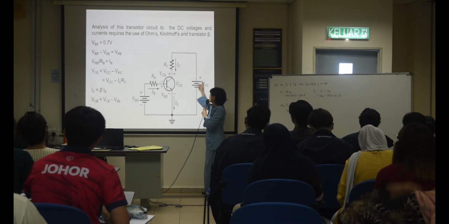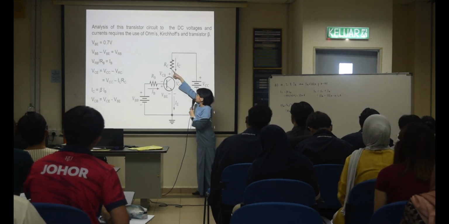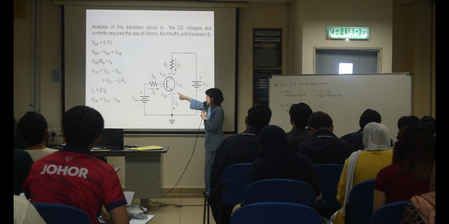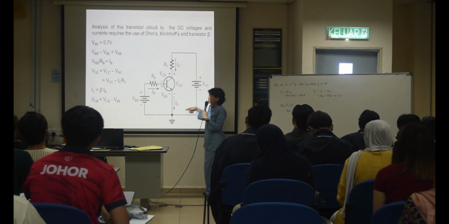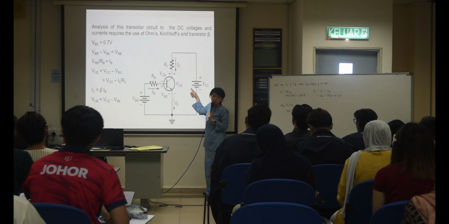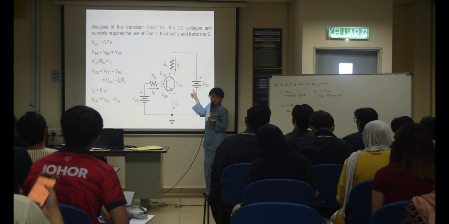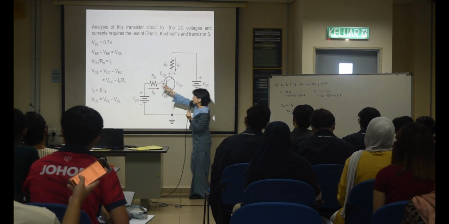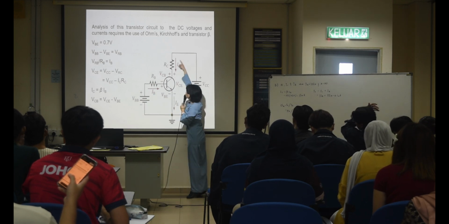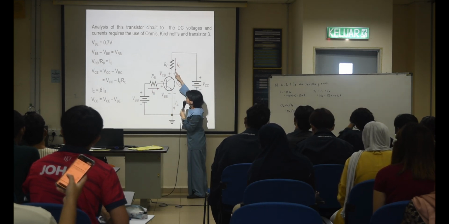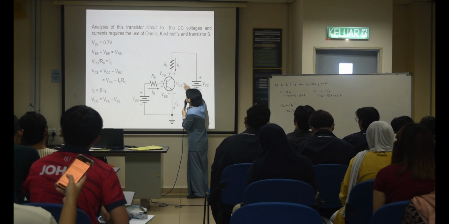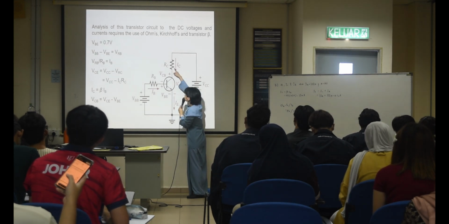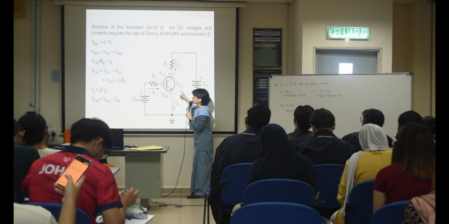Kirchhoff voltage law. VCC plus VRC plus VCE, the whole voltage around the circuit equals 0, correct? So if you want to find VCE, you take VCC minus VRC, and you will get your VCE.